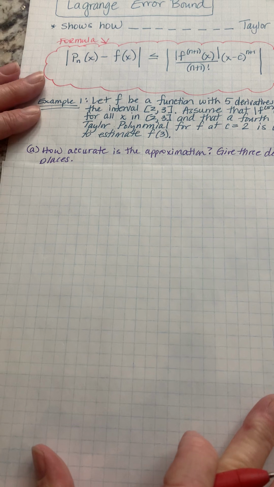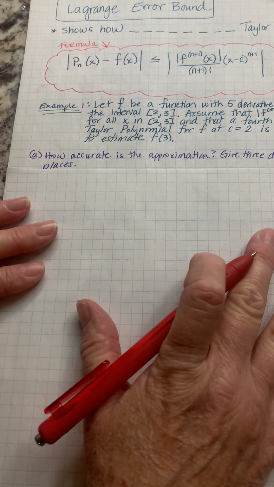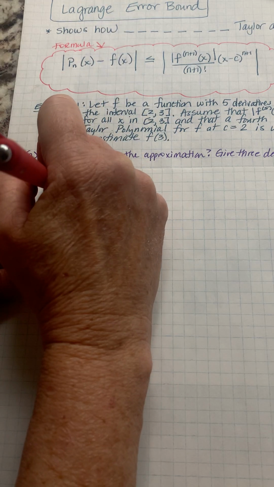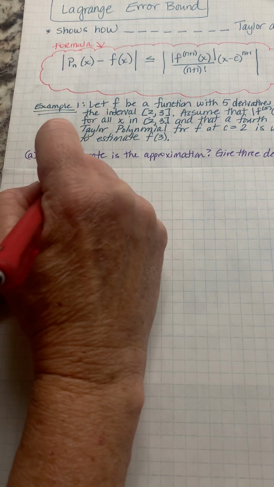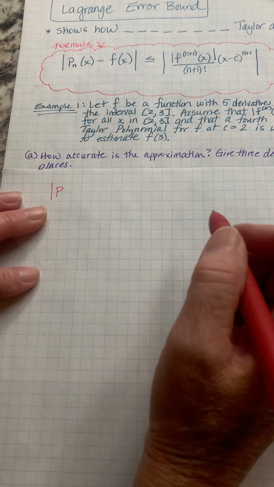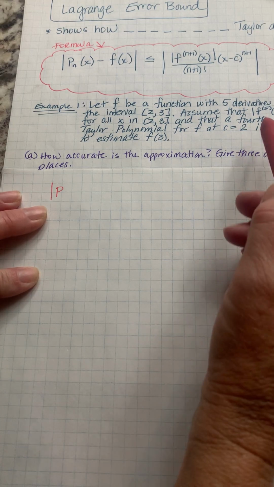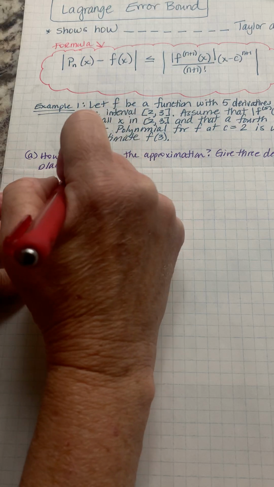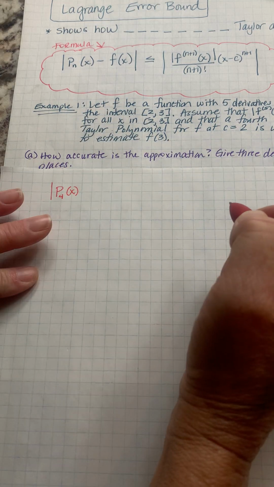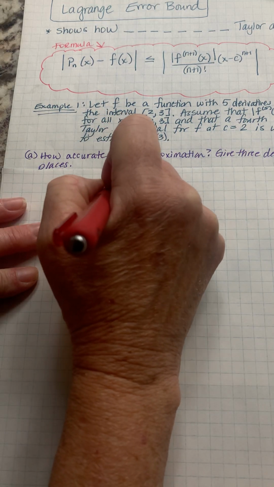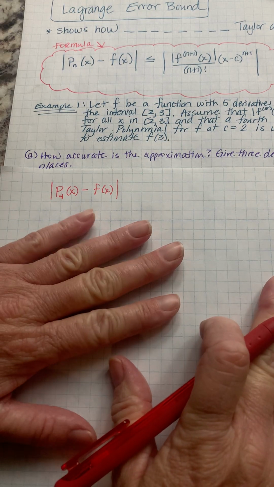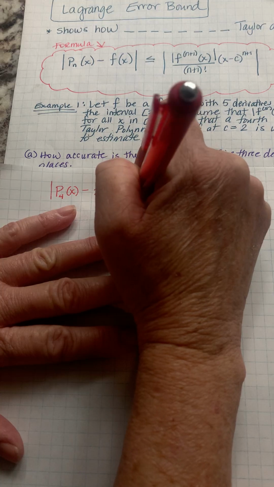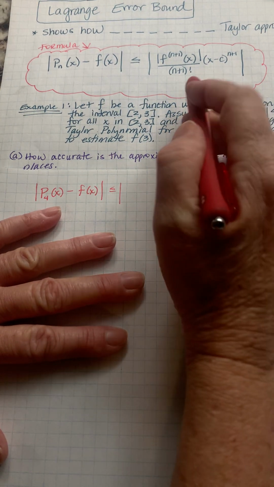I'm writing it on another piece of paper because I don't want to mess these up since I haven't copied them yet. So I'm looking at this. This is going to be the polynomial, and it says the 4th degree. So P sub 4 of x minus f of x. That's really just notation. You don't really do anything with that. Is less than or equal to. So now I'm plugging in up here.